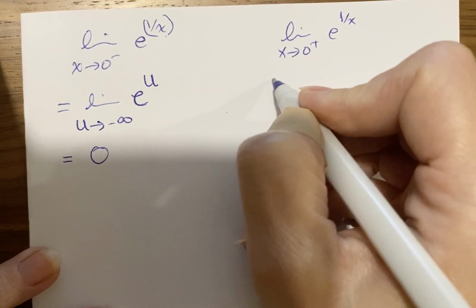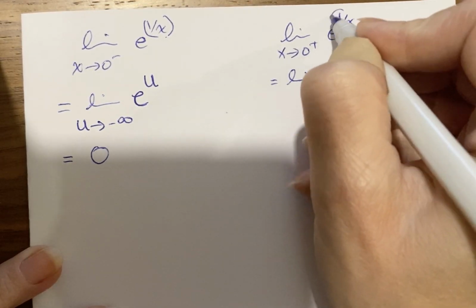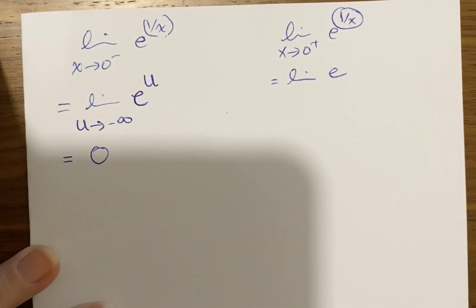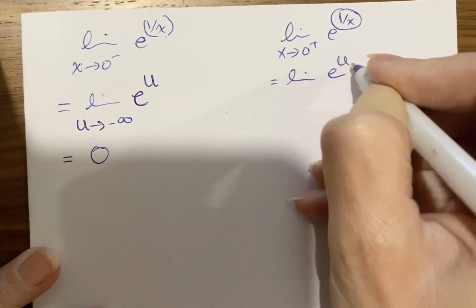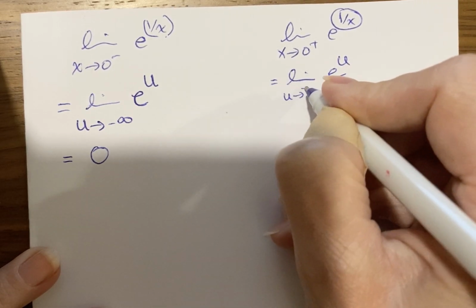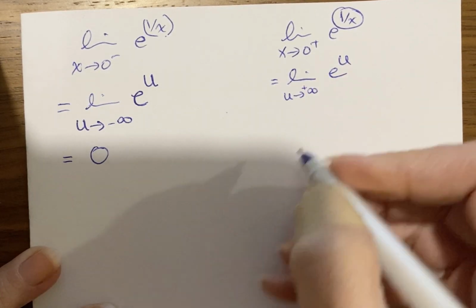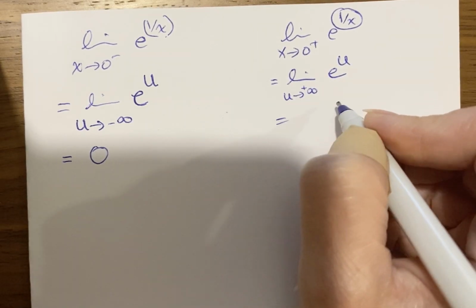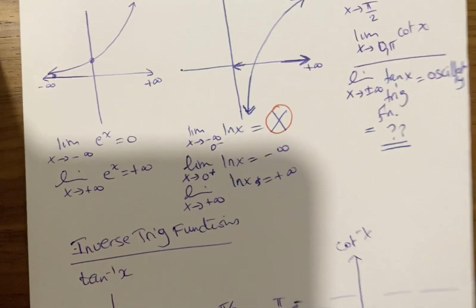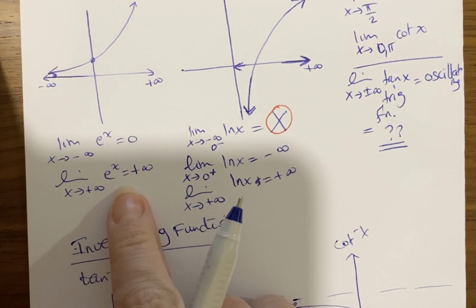What's the limit here? Again, I ask myself the inside function, 1 over x. What's the limit of 1 over x at 0 plus? It's plus infinity. So I call it u and I make u go to plus infinity. What's the limit of e^u as u approaches plus infinity? I go to the limit that I have memorized.